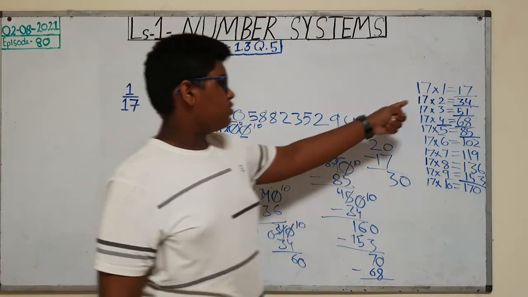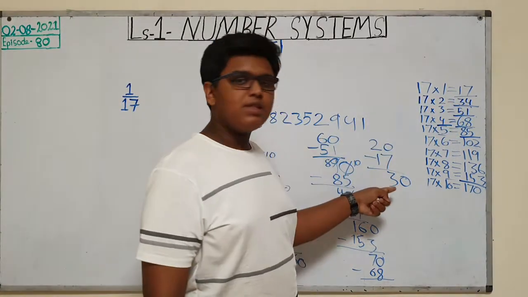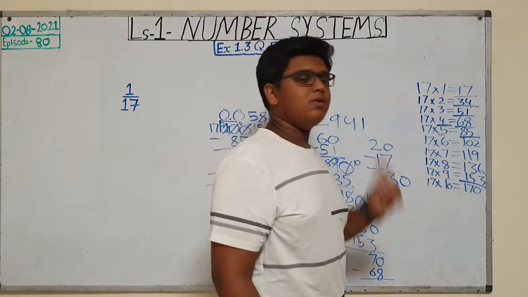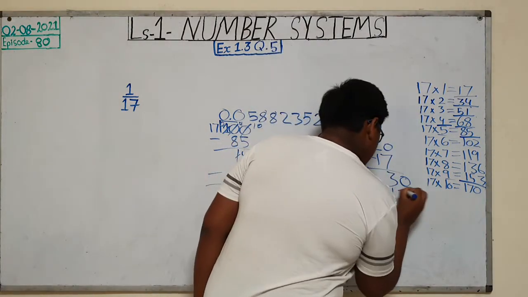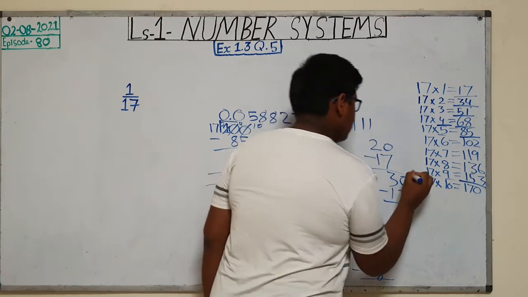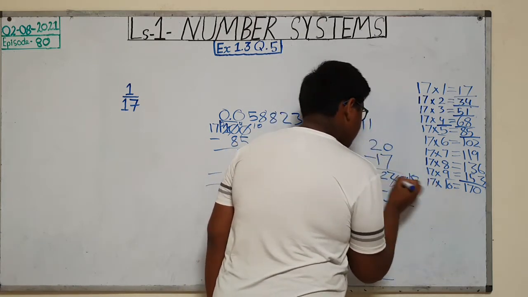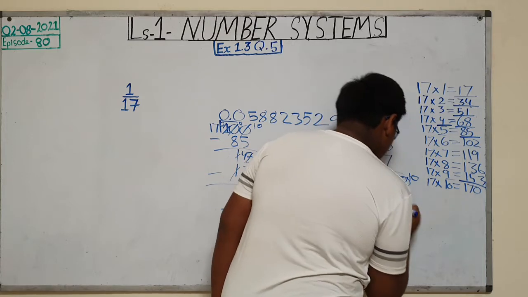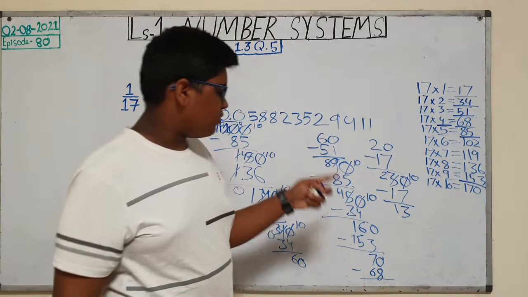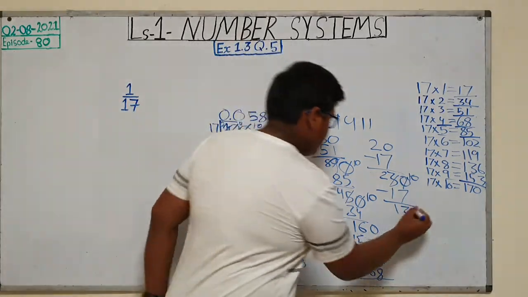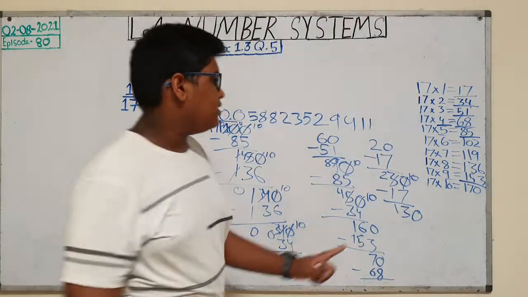Now again, 34 is greater than 30, so we are going to take 1 once more. Now subtract it with 17. Okay, this will be 10, this will be 2. 10 minus 7 is 3, and 2 minus 1 is 1. Now if we add one more 0, we will have 130.